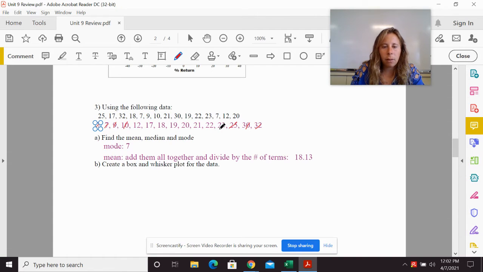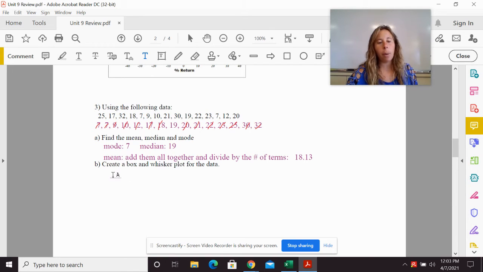Fourth lowest, fourth highest, fifth lowest, fifth highest, sixth lowest, sixth highest, seventh lowest, seventh highest. Aha, and then we only have one left. So your median is 19. Okay. Where am I going to write that? I'll go right here. So your median is 19, which you need to know for box and whisker.